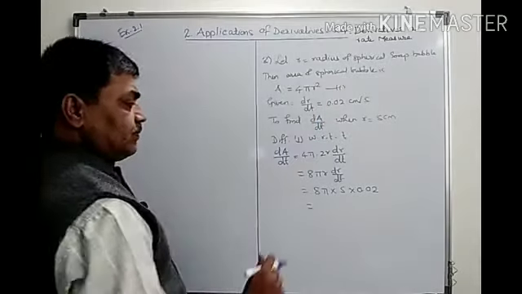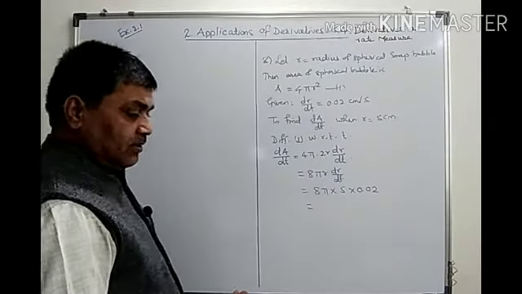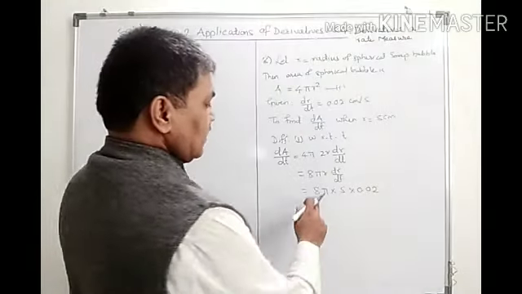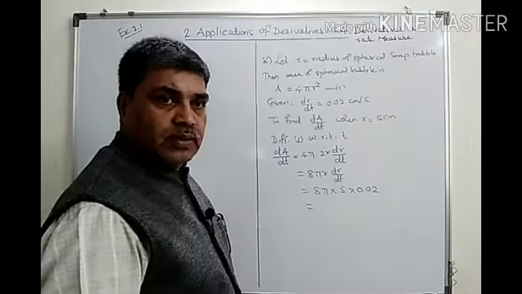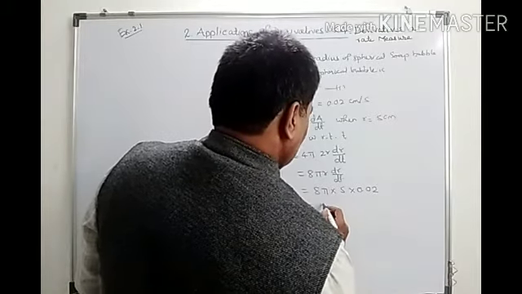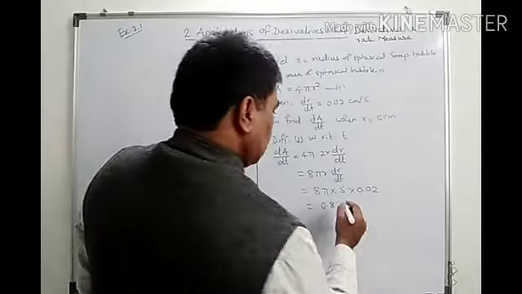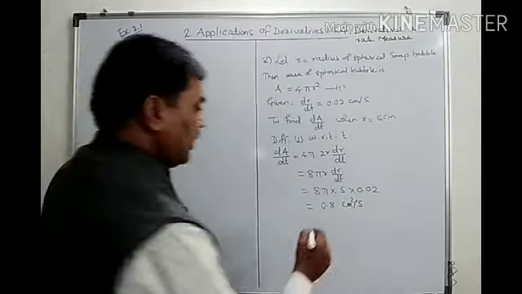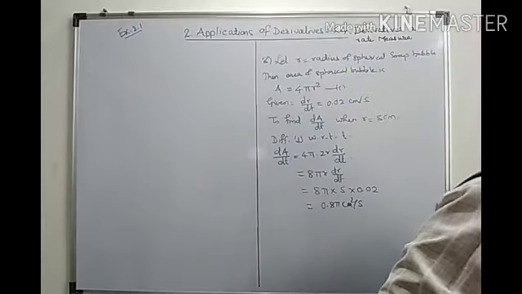What will we get? 8 fives are 40, 40 into 2 is 80, with 2 decimal places, so we get 0.8 centimeter square per second. Pi is also there, so 0.8 pi centimeter square per second.